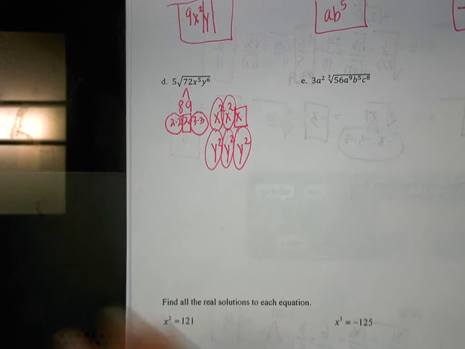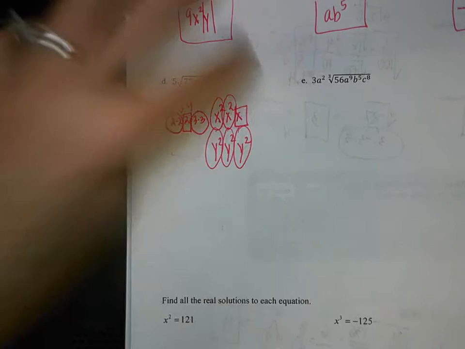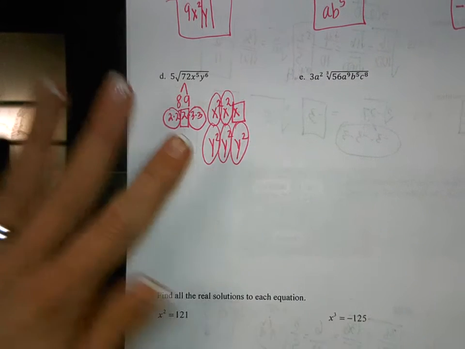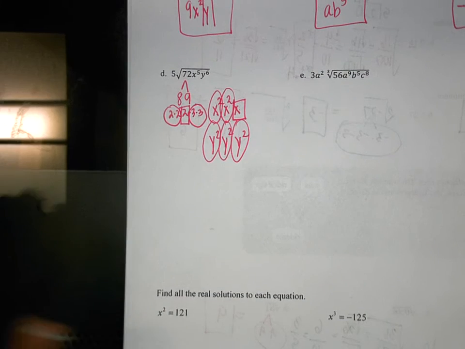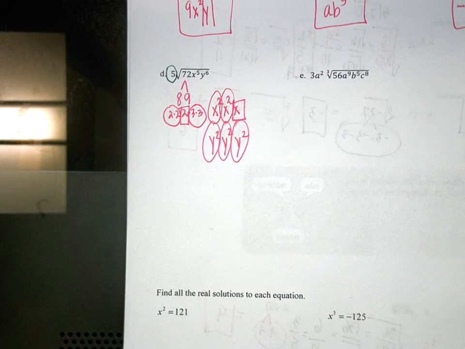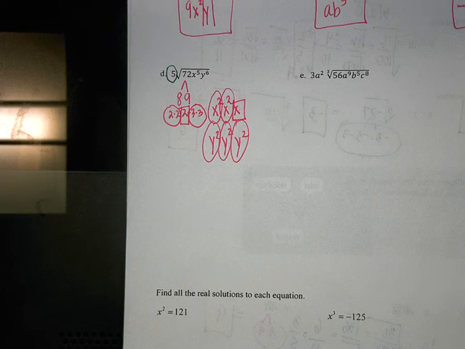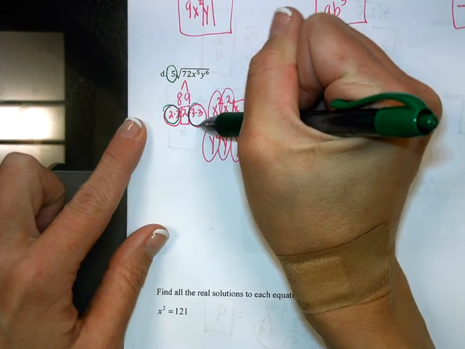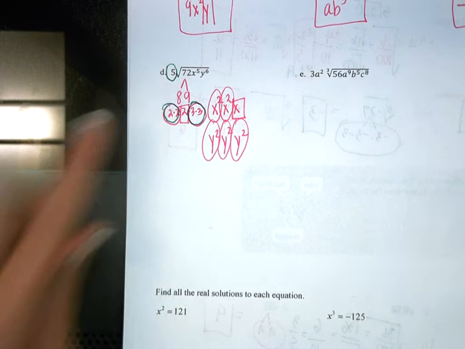Okay, so we're going to bring all of these out. When we bring all of our groups out to the front, notice that there is already a 5 out here. We multiply everything together, including anything that's already out there in front. So 2 times 3 times 5 makes what?